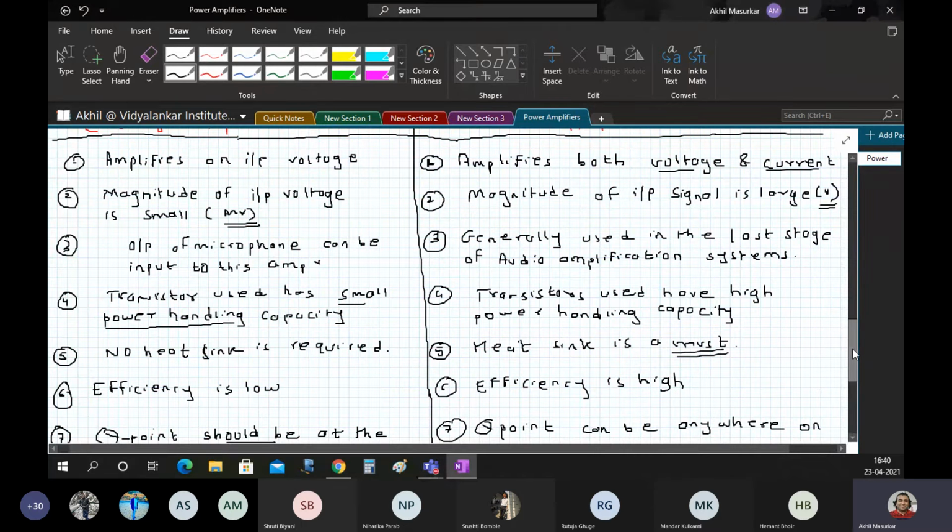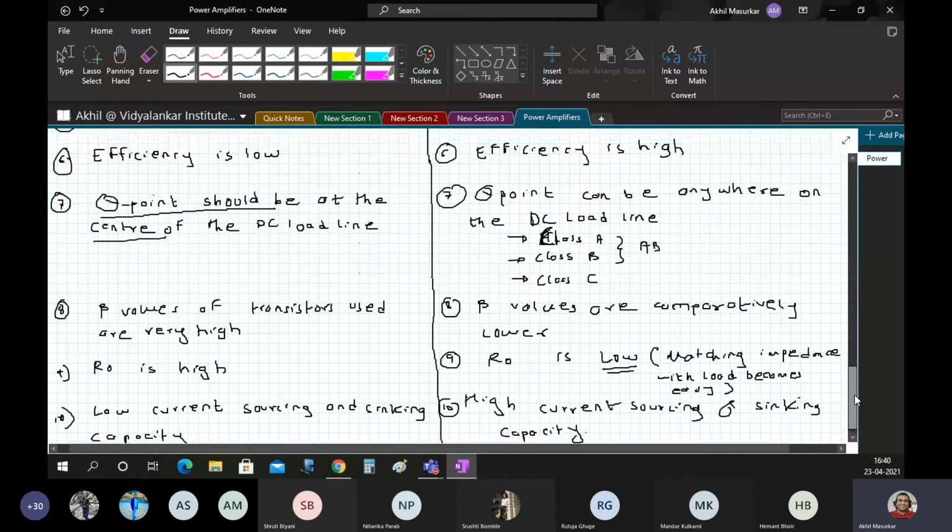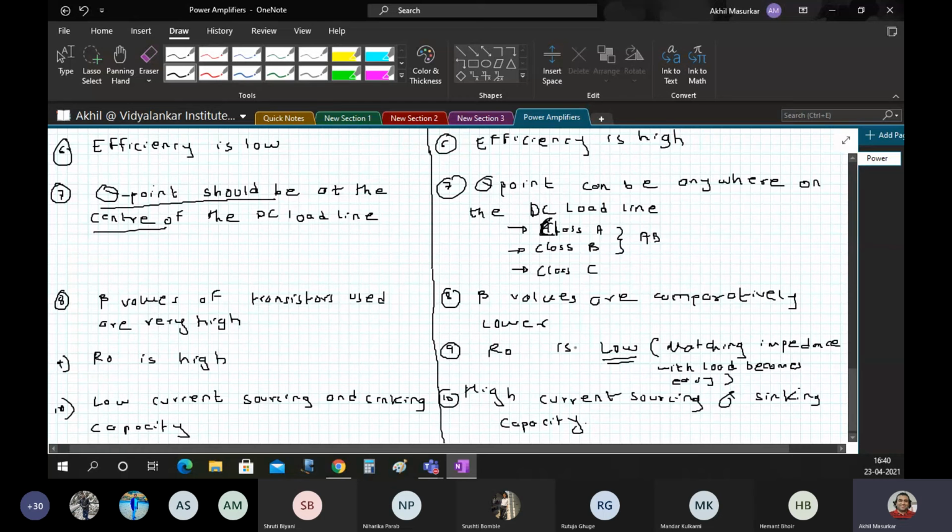Okay, I will just go a little bit down. So now what we are going to discuss is the different classes of power amplifiers. Power amplifier study is all about what are the different classes of amplifiers.